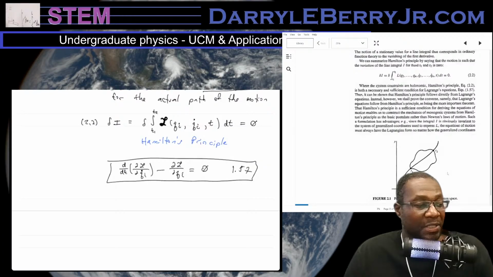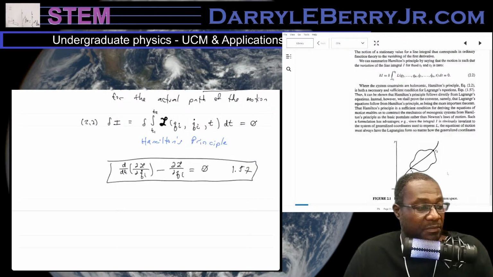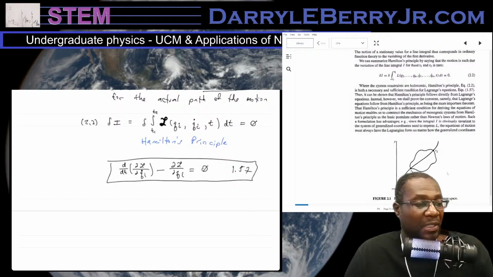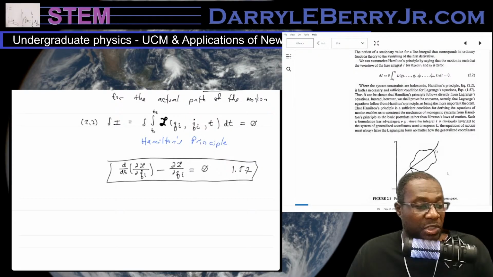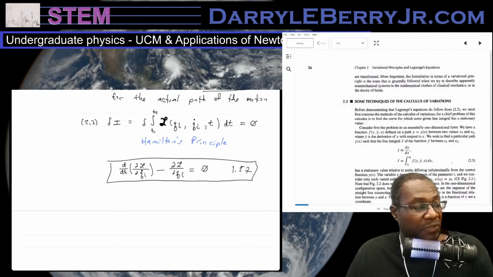Such a formulation has advantages. For example, since the action integral I is obviously invariant to the system of generalized coordinates used to express L, the equations of motion must always have the Lagrangian form no matter how the generalized coordinates are transformed.